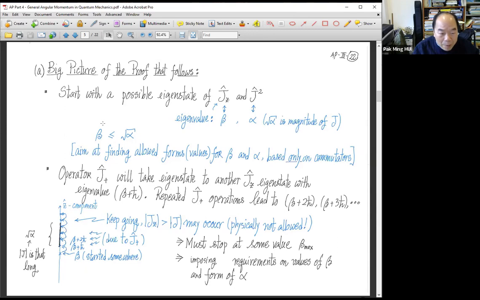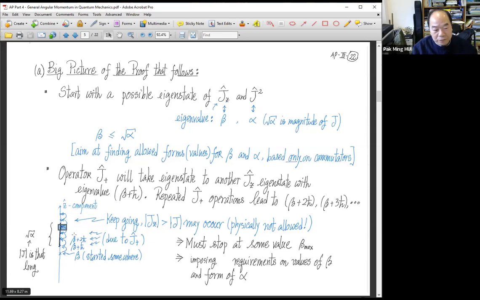But remember, the Z component cannot be longer than the vector itself. Sooner or later, if the raising operator keeps on increasing the Z component by h bar, it will get to values longer than the magnitude of the angular momentum. That will be wrong, right? So therefore, there must be some maximum value of beta.